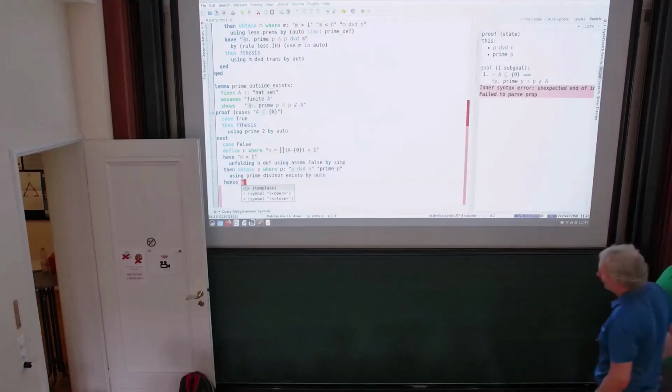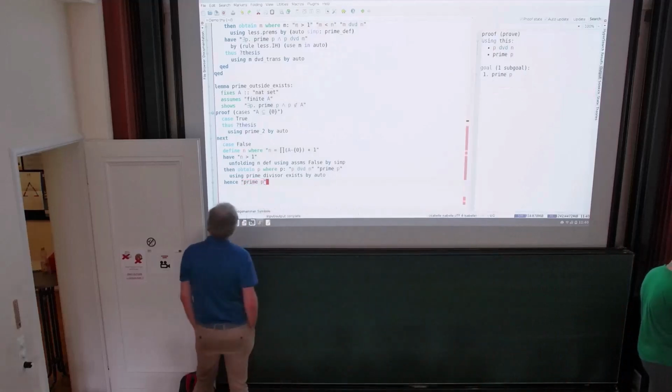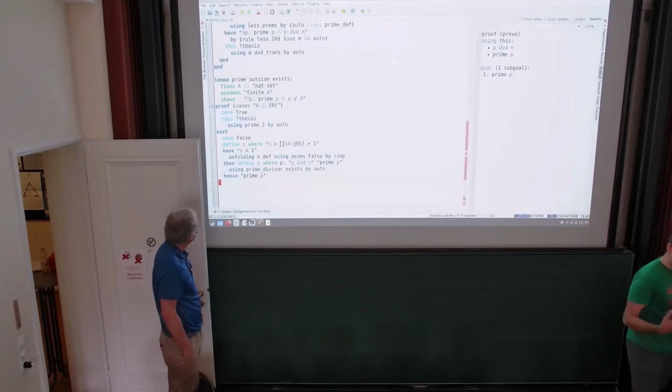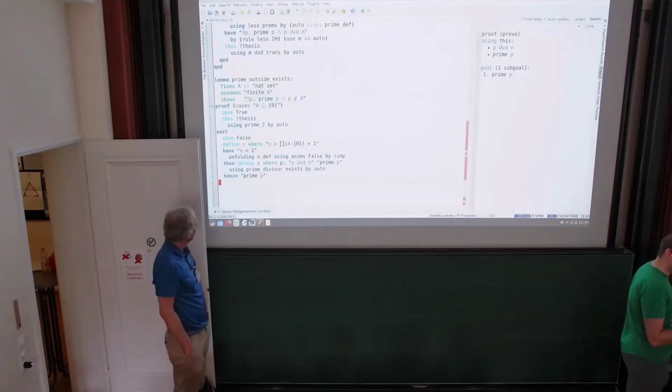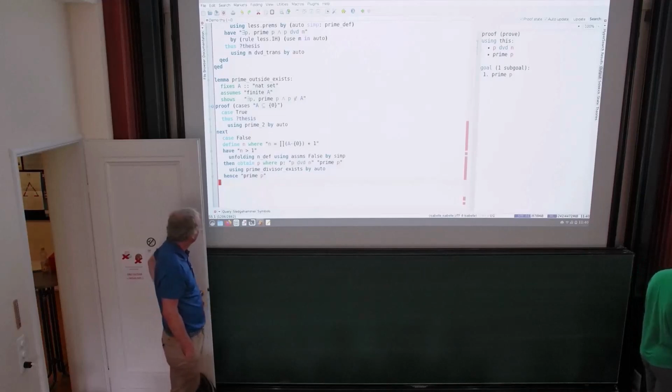They're just different automations, and they're good at different things. When I see a goal where I think, okay, blast is good at this, I use blast, but you get a feeling for these. There's a lot of different automation tools, and some of them are better at some things than others.